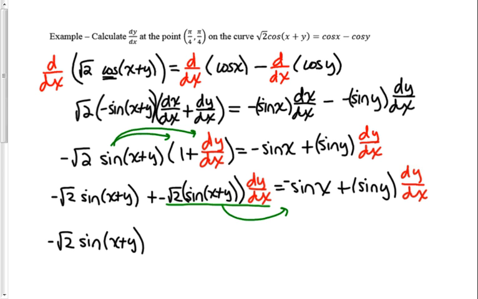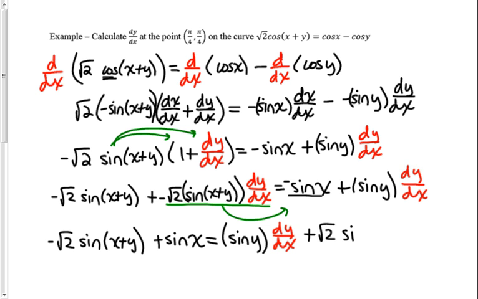I'm also going to take this sine of x that I have over here, and I'm going to add it to the other side. And on this side, I end up with sine of y times dy dx. And I also have my plus square root of 2 sine of x plus y dy dx.